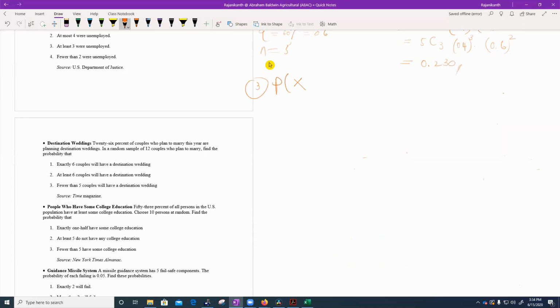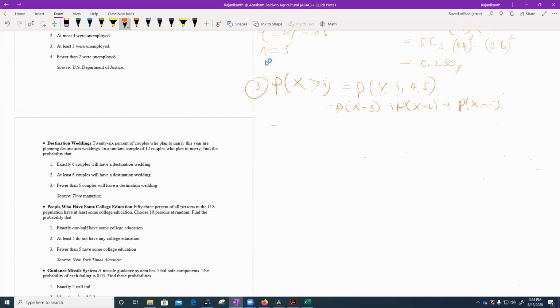Part 3, at least 3 were employed. Therefore my x should be greater than or equal to 3, right? That means my possible x values are 3, 4, or 5. Therefore you need to find 3 probabilities one by one and find the answer.